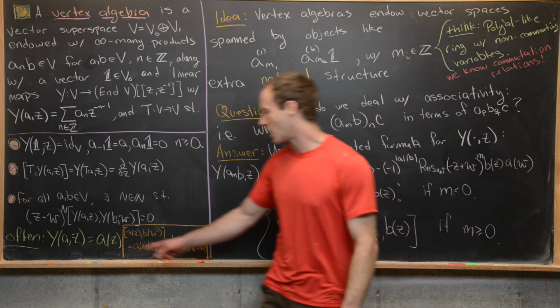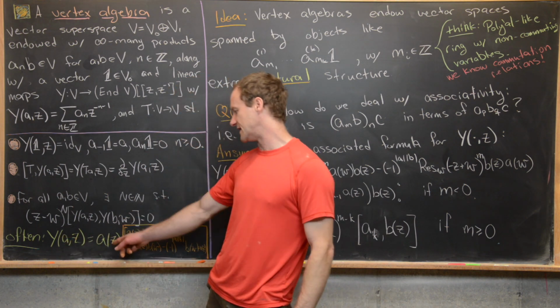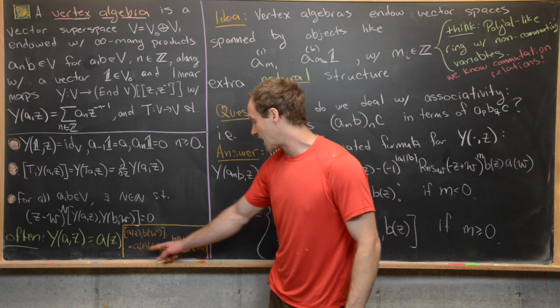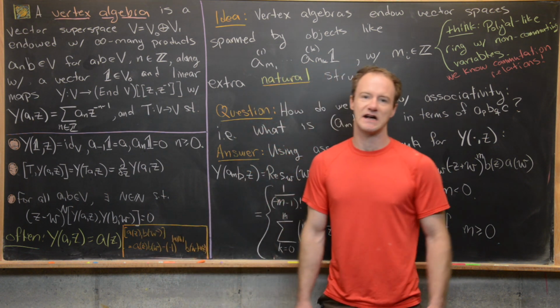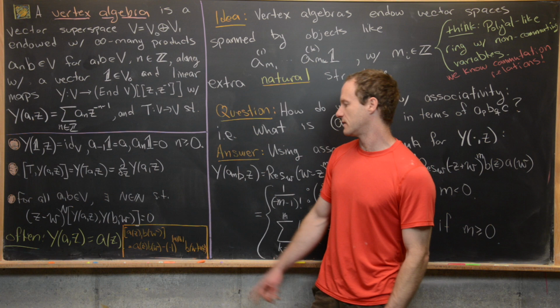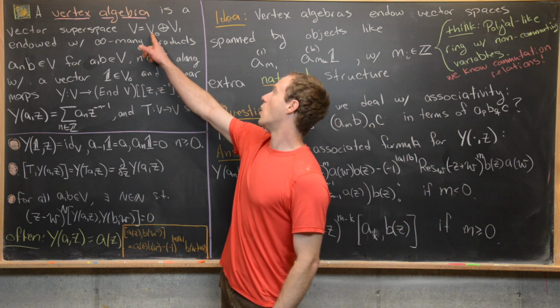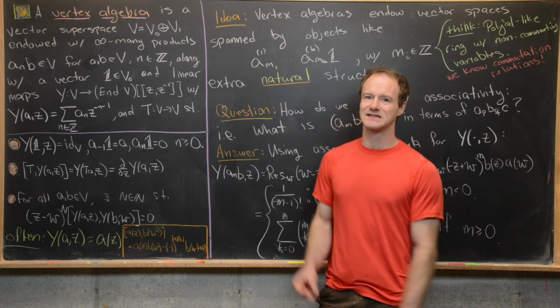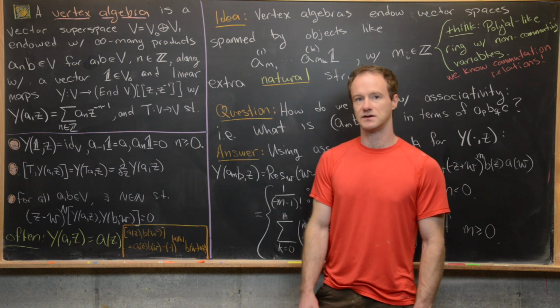And I want to point out that often we use this notation, Y(a,z) equals a(z), and we can define the commutator as follows. So this is for homogeneous elements, in other words, elements that are either only in V0 or only in V1, but this extends linearly to non-homogeneous elements.